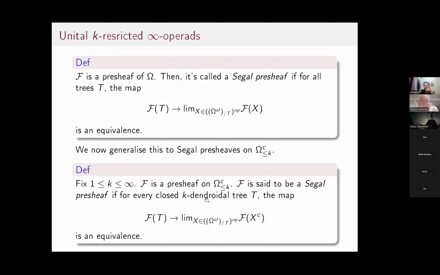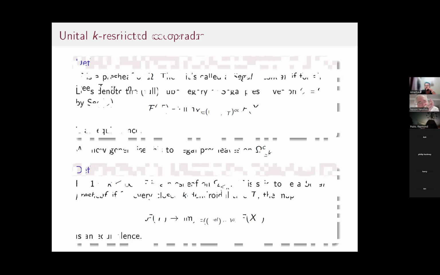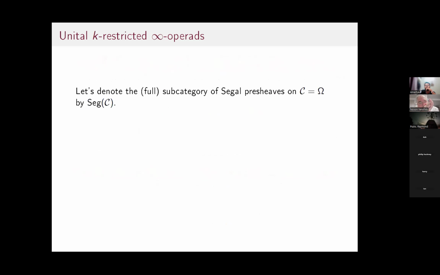On the top line, F is a presheaf on omega, the one without the C, that is just any dendroidal category. And here you're talking about F as a presheaf on closed ones with k-restricted.